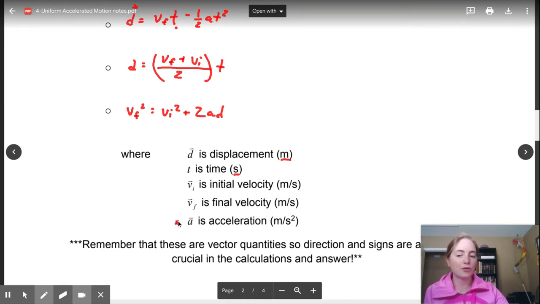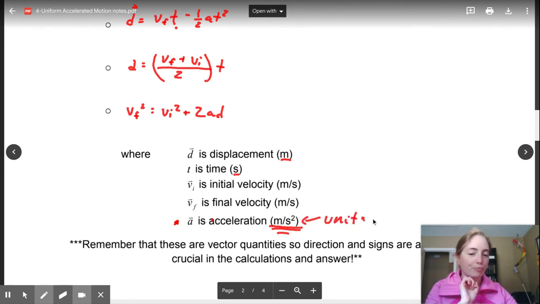Now look out for the units on this guy. Okay, notice it's meters per second squared. These are just the units. Okay, you do not have to square acceleration unless the equation says so. Those are just the units. Watch out for that. Okay, really watch out for that.